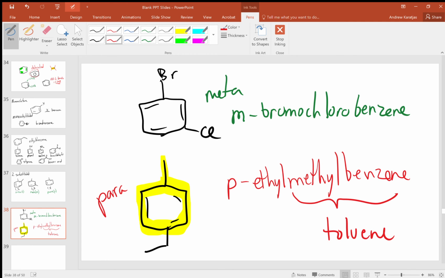And so then, instead of para-ethyl-methylbenzene, we get para-ethyl toluene. All of the information is still there. The para tells us that we have 2 substituents. We know that one of them is an ethyl because the name is written out. And we know that the other one is a methyl because methyl is part of toluene.